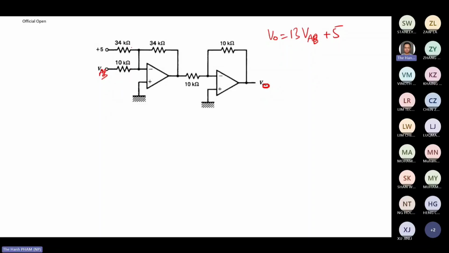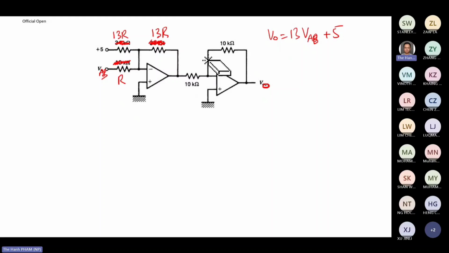For example, if you want to have 13 times, this one is R, this one is 13R. This one allows you to amplify 13 times. And because the 5 here is already 5 volts, this one is also 13R. So this branch, this 13R, this 13R, basically you have 5.